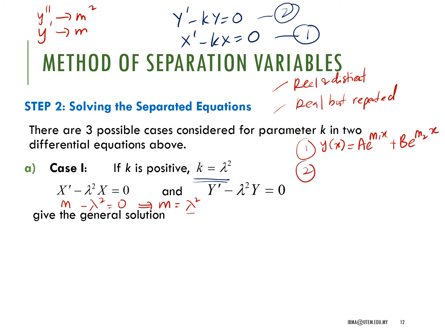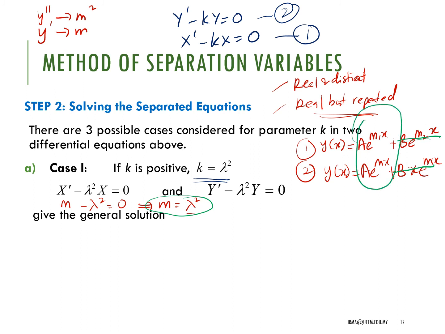For the second condition, the general solution is a exponent mx plus bx exponent mx, because we have the same root. But since our root is only one, you don't consider the second part. You only consider the first term here. So the general solution for a first order differential equation is a exponent mx, where m, just now, we got as lambda squared.